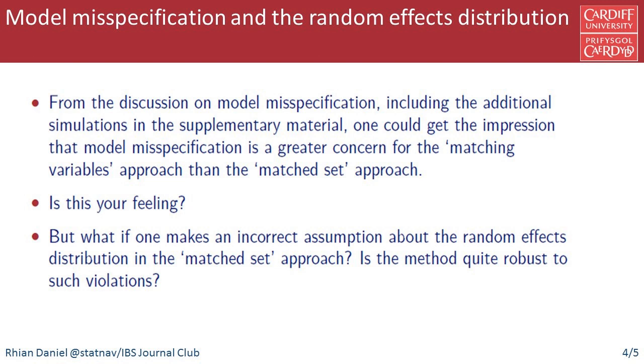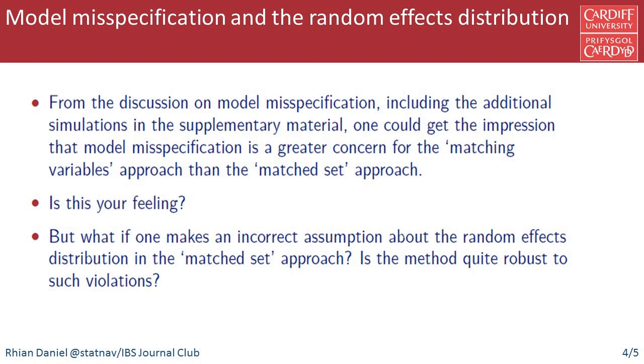Because it seems that one could make an incorrect assumption about the distribution of the random effects in the match set approach, and perhaps that could be as severe as getting the model conditional on S, the matching variable, incorrect. But again, perhaps I've misunderstood. So I would be interested to know if Sean has any thoughts on that.